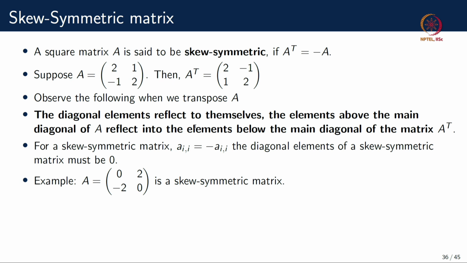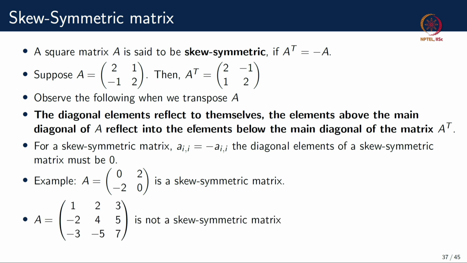Similarly, if you take the 3 by 3 matrix A is equal to [1 2 3; -2 4 5; -3 -5 7], it is not a skew matrix because the diagonal elements are not 0, despite the off diagonal elements being negative of those of A.